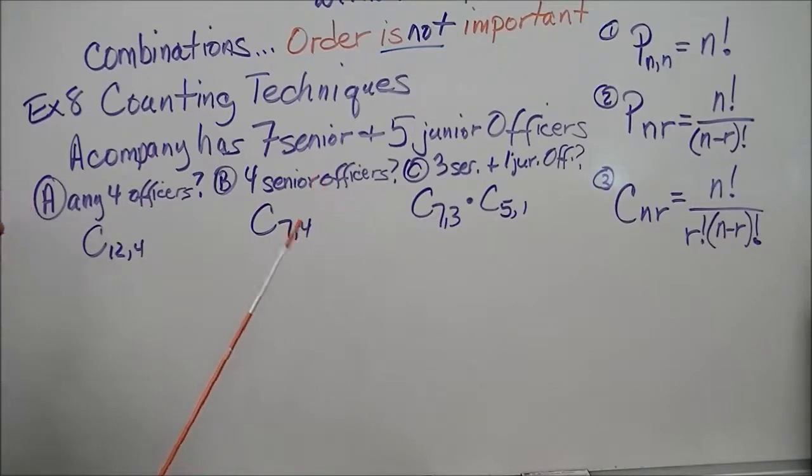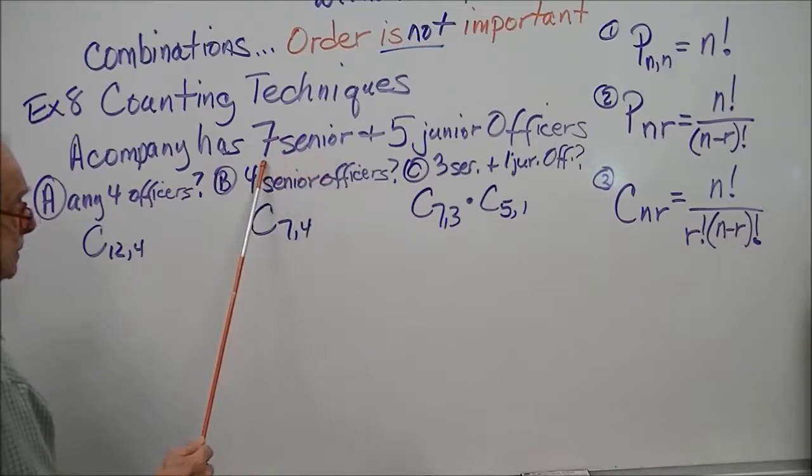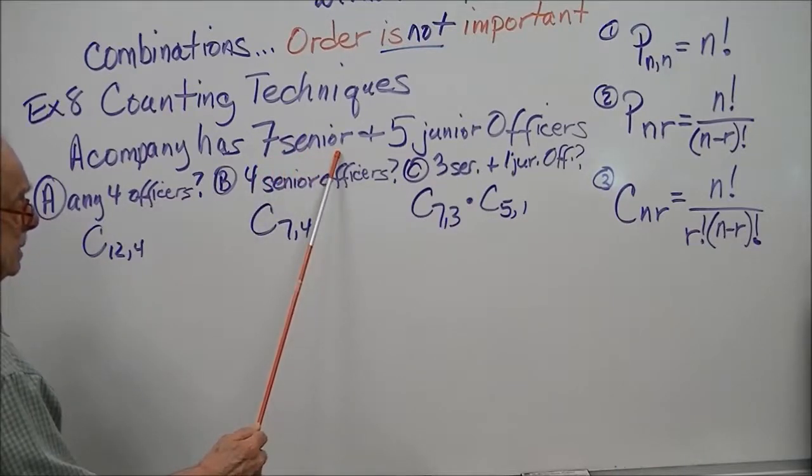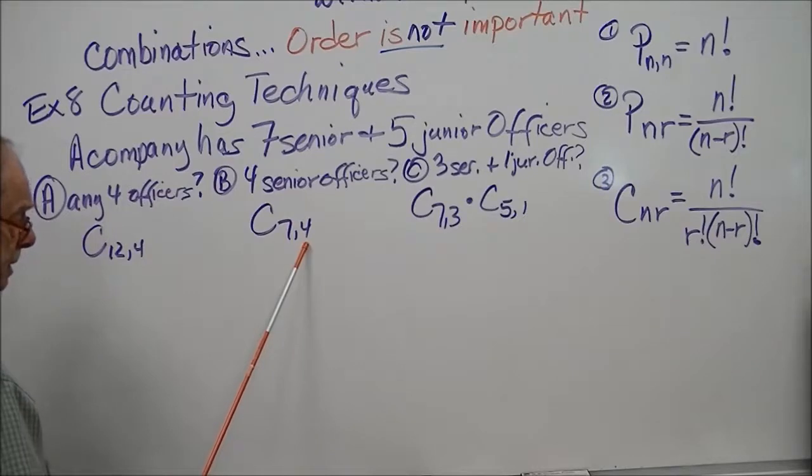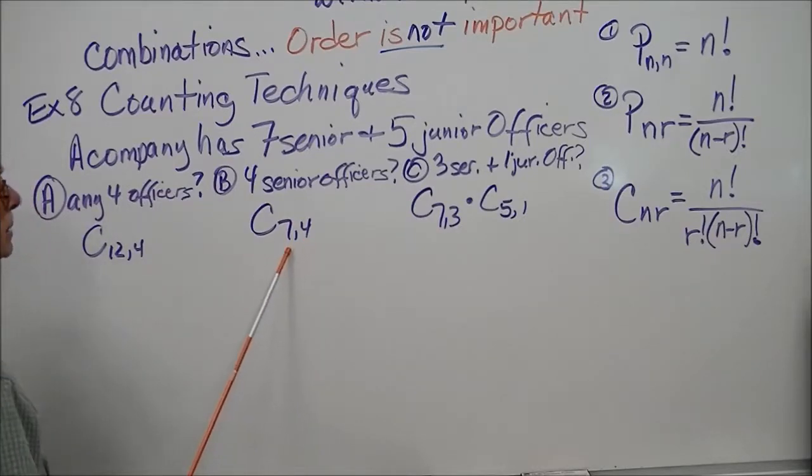So the number of selectees are just the senior officers. There are 7, so that is your number in the group, and you want to select 4 of them. So this combination will get you results.